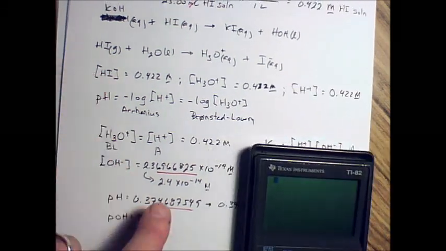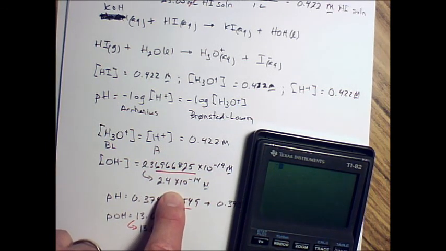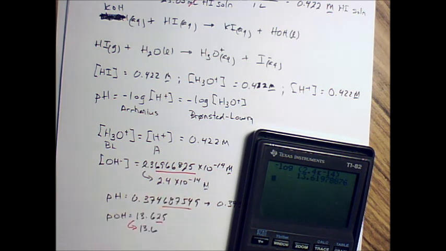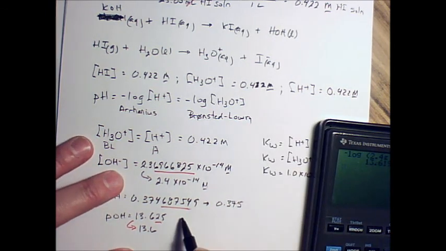All right, let's see. We're starting with this number right here. Negative logarithm. You're right, I get 13.619, and so forth. Pretty darn close.